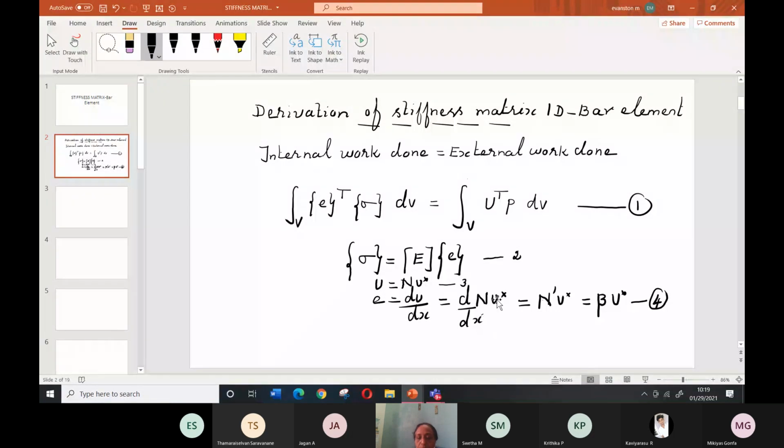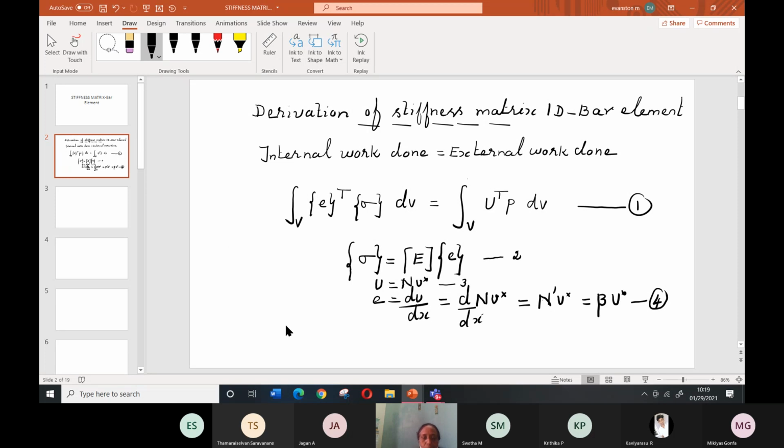So I have to differentiate this one. When I differentiate N, you will get N dash. That N dash only I have taken as beta. If you want, very well keep it as N dash also. Because it's the usual notation in the book, it is used as beta. We will take it as beta. So now I'm going to substitute all the values of sigma, E, everything in equation 1.